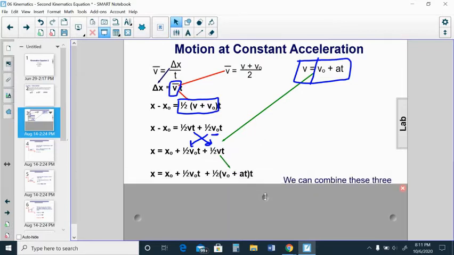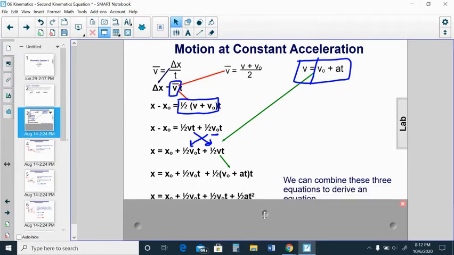So moving down further, you can now see that instead of v here, we have the initial velocity plus acceleration times time in the parentheses. Now we need to use the distributive property again.